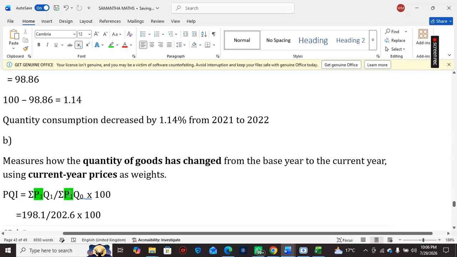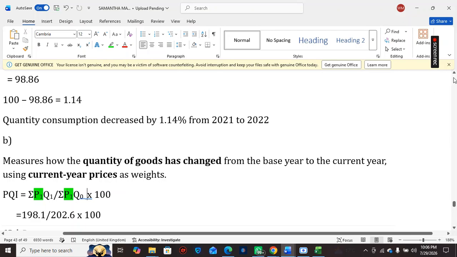So we're using 2022 prices. In the previous example, we used 2021 prices. Then Q1 represents quantity for year two, the current year, and Q0 quantity for year one, the base year.